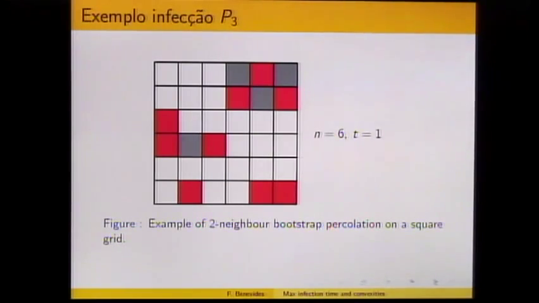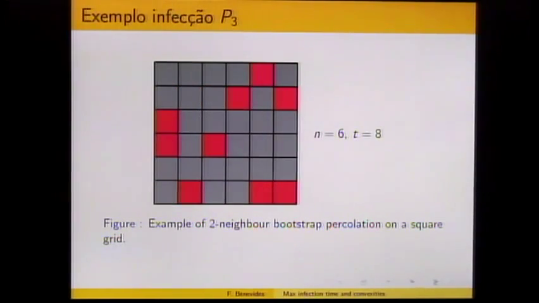If you have at least 2 infected neighbors, it will get infected, and the infection spreads until, in this case, I end up infecting the whole thing, which means the original set of red vertices was a hull set.